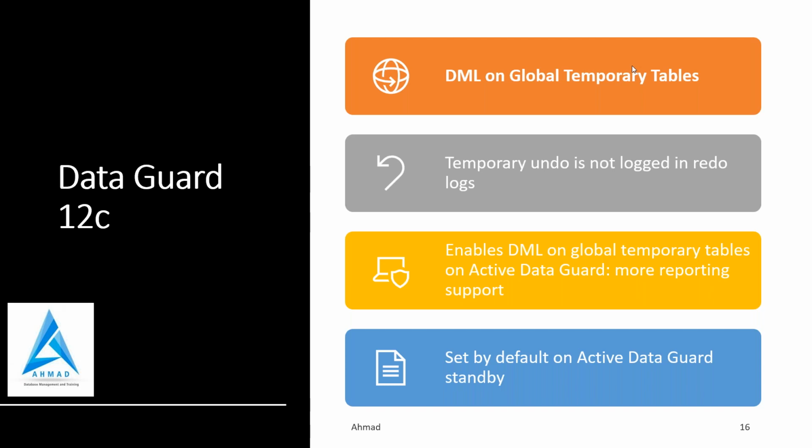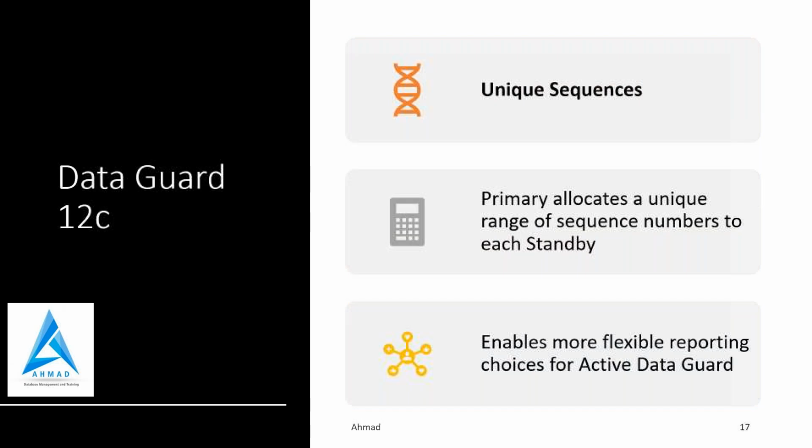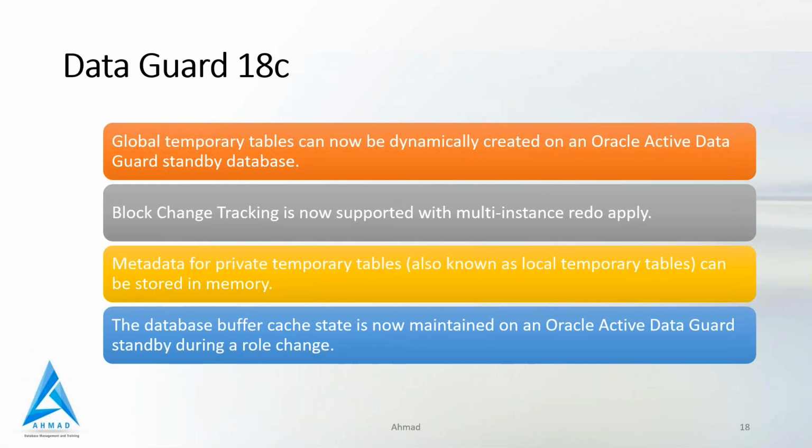And you can set this by default on an Active Data Guard standby from 12C. And unique sequences: the primary can allocate a unique range of sequence numbers to each standby, which enables more flexible reporting choices for Active Data Guard. So that was 12C.